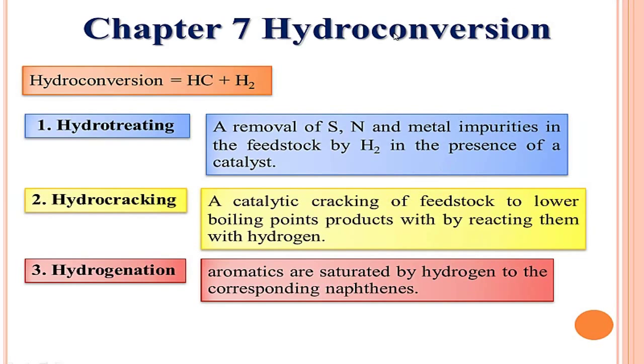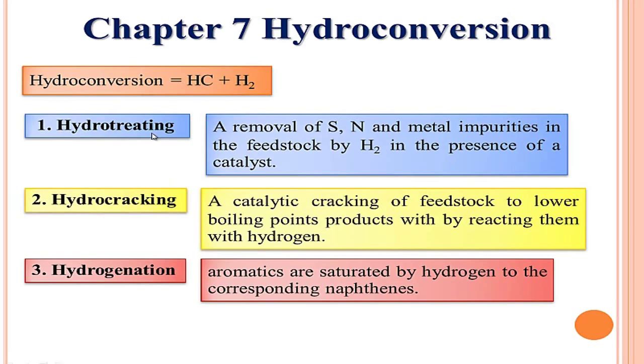Hydroconversion is a term to describe all reactions or processes in which hydrogen will react with hydrocarbon. The hydroconversion can be classified into three types of hydroprocesses, including hydrotreating, hydrocracking, and hydrogenation.